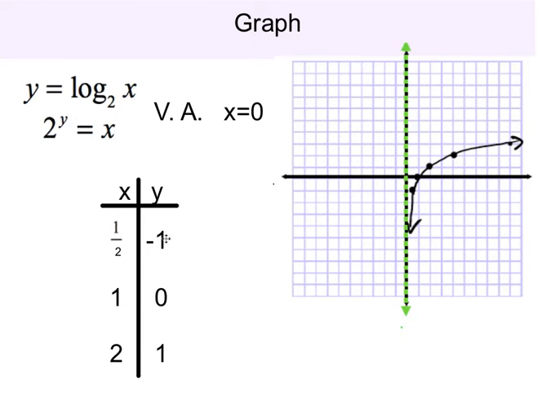Then I put -1 in for y, and I find 2 to the -1 is a half. I put 0 in for y, I get 1 for x. 1 in for y, I get 2 for x. So our general logarithmic function has a vertical asymptote at the y-axis. And once I plot these, you can see that the log is increasing. Our logs will always go through 1, 0.